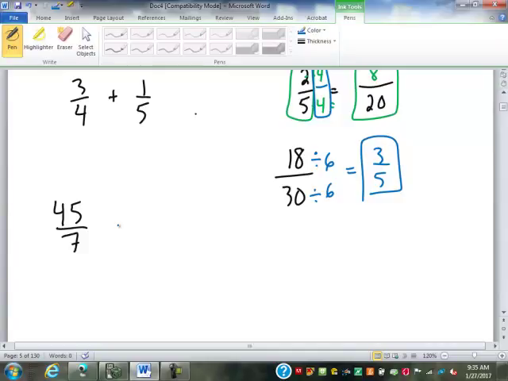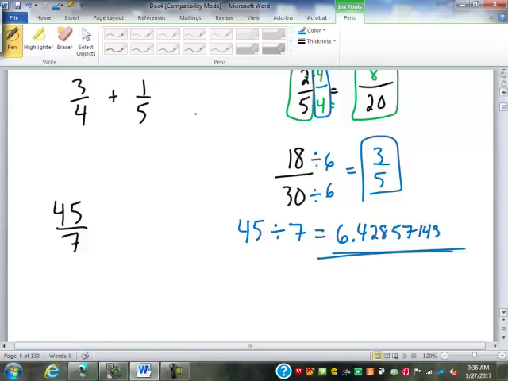How can we figure out how many whole objects we can make? Well, if we did 45 divided by 7, what's that going to be? Something like 6.428574143 approximately. Divide that out.